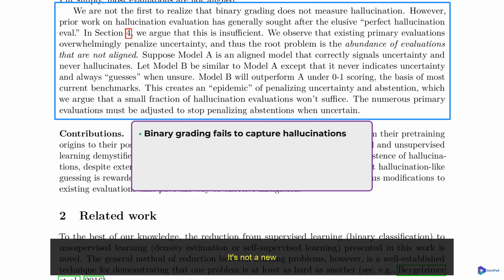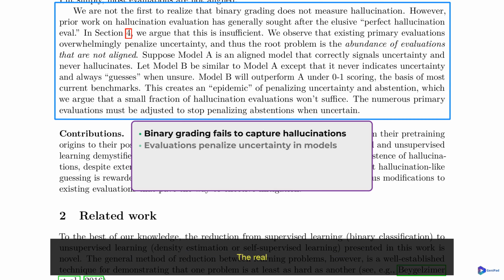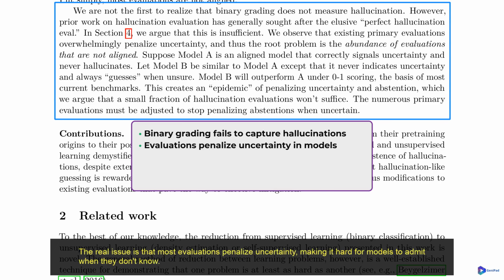It's not a new idea that binary grading fails to capture hallucinations, but previous efforts have focused on finding a perfect way to measure them, which isn't enough. The real issue is that most evaluations penalize uncertainty, making it hard for models to admit when they don't know.